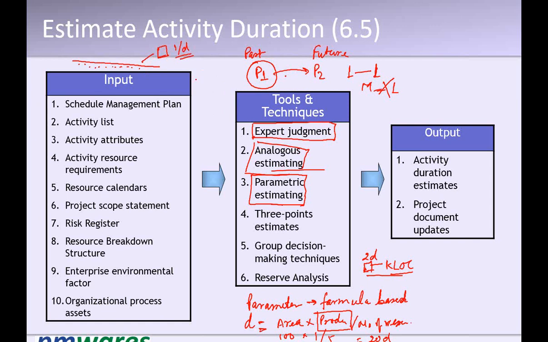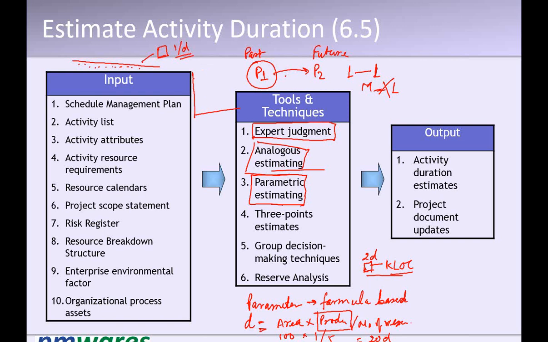Now how do we normally do it? We use a regression analysis, and we look at the projects we have done in the past. I'm not talking about one project, I'm talking about projects.